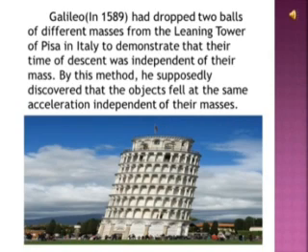He understood that two objects of different masses dropped from the same height at the same time reach the ground simultaneously, by neglecting air resistance, and the accelerations produced are independent of their masses.